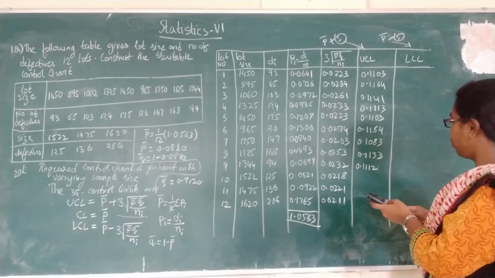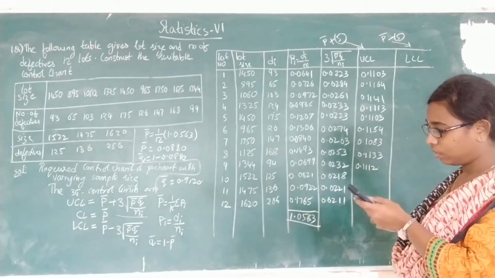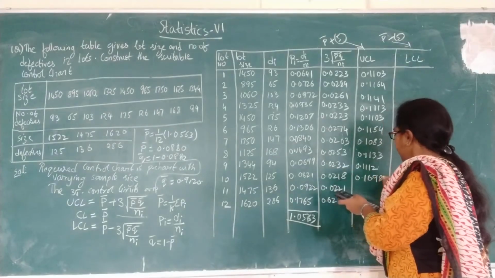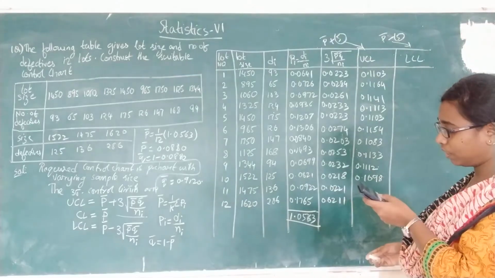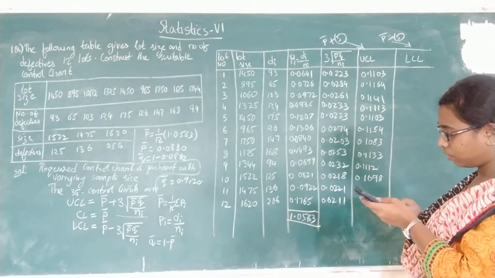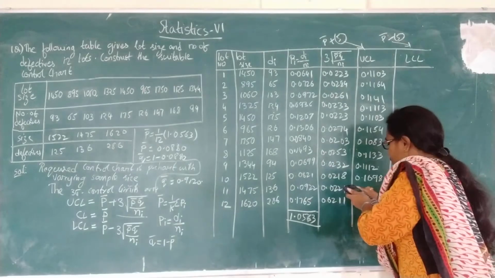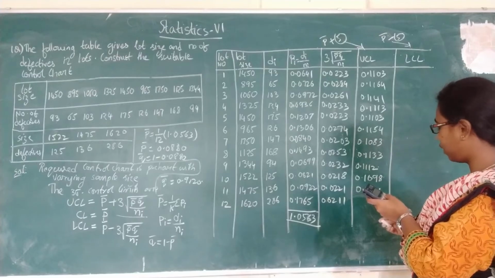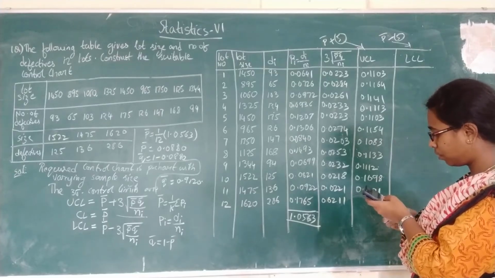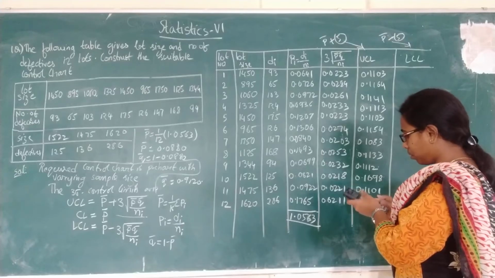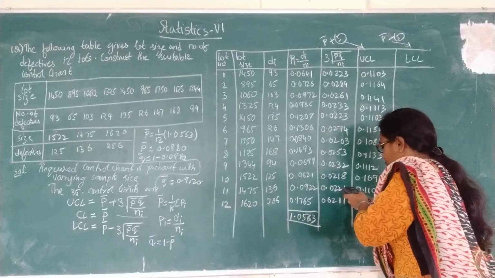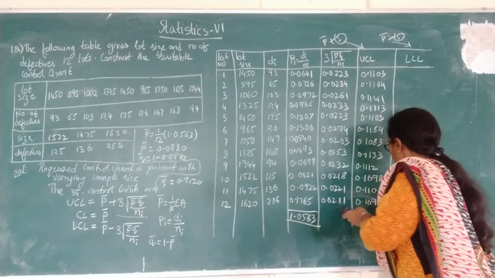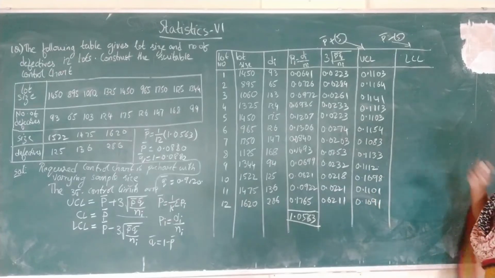That is 0.0218, giving 0.1098, next is 0.0221, giving 0.1101, next is 0.0211, giving 0.1091. So these are all the required UCL values.